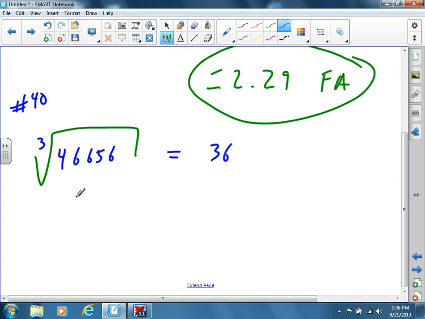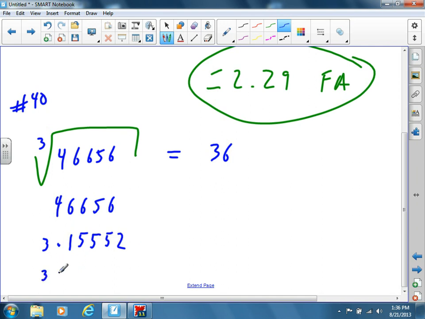If I take 46,656, I recognize that it's divisible by 3, because if I add up all the digits together, they're divisible by 3, therefore the whole thing is divisible by 3. So this is 3 times 15,552. Now 15,552, I add those digits together and see that they're divisible by 3.